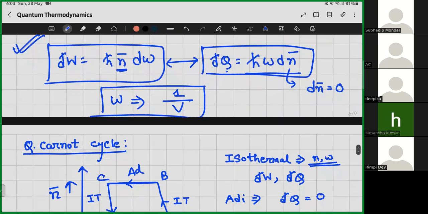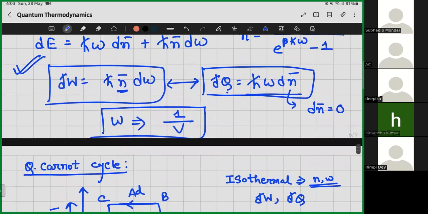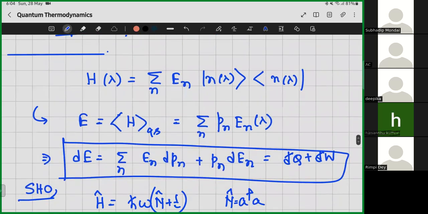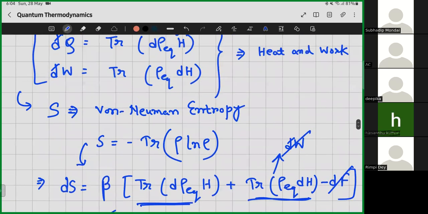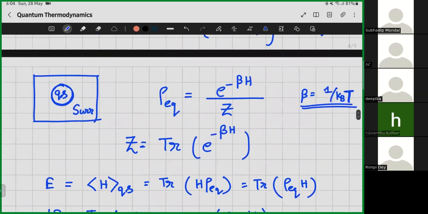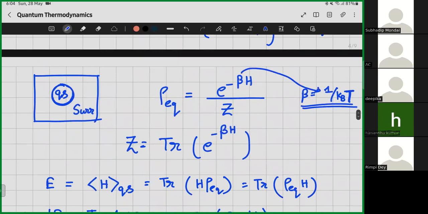You also said there is nothing called temperature in this, so how can you define an isothermal process? No, the system is equilibrated with the surrounding. So in that way there is temperature. I am taking rho equilibrium everywhere, and in that rho equilibrium there is beta, and in beta there is temperature.